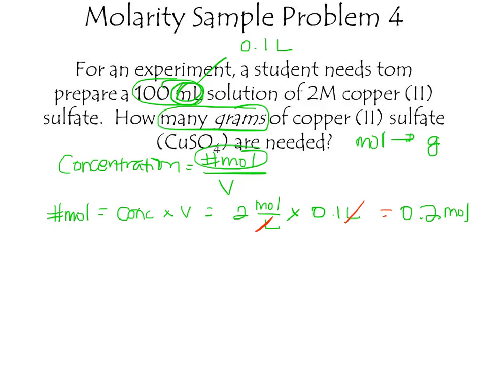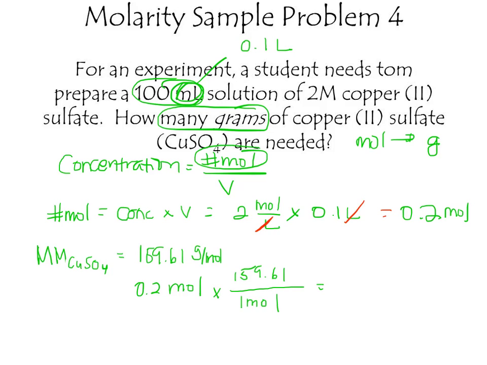Now that we know that, we can do our conversion from moles to grams. We need to find the molar mass of copper 2 sulfate, and that's 159.61 grams per mole. Now I can do the conversion: 0.2 moles times 159.61 grams per mole should become 31.92 grams.